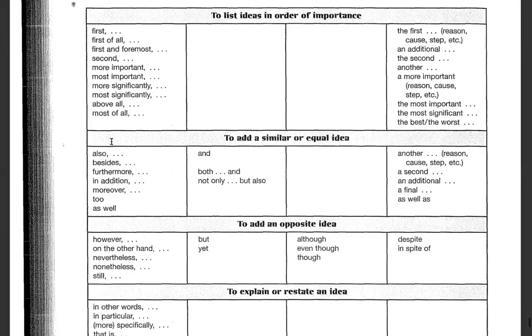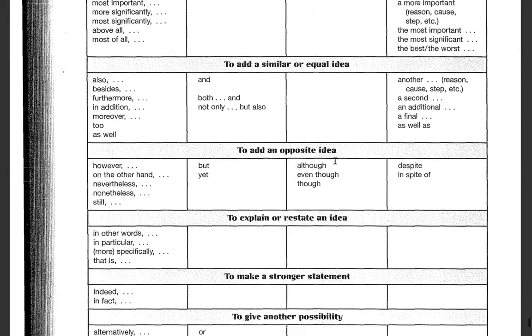If I want to add a new idea, I say also, besides, furthermore, in addition. For an opposite idea, I can say however, on the other hand, nevertheless.